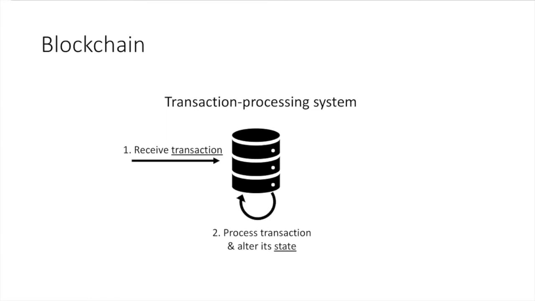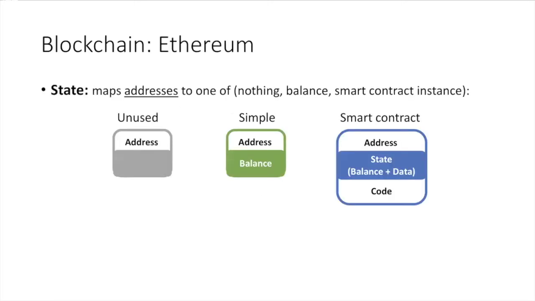So a blockchain is a transaction processing system. It basically receives transactions, processes them, and this processing of transactions will lead to some alteration of its underlying state. So the state of a blockchain is split into addresses, and an address can either be unused, it can be a simple address that is associated with a balance, or it can be an address that has a smart contract deployed.